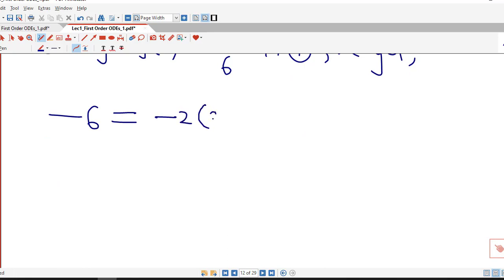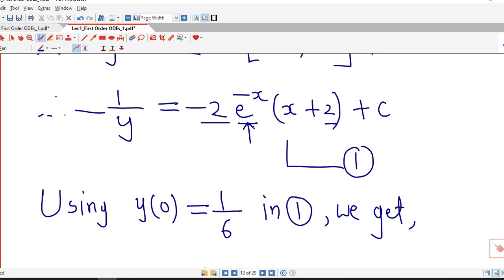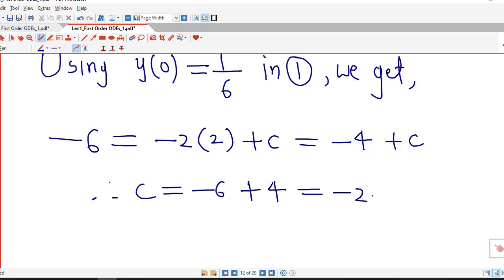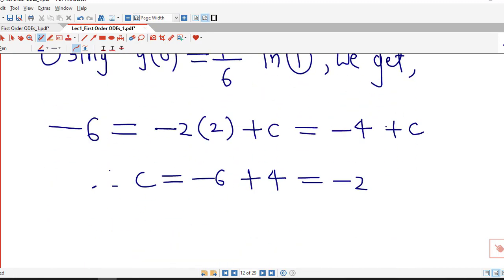Or we can write one more step: x is 0, so minus 2, e raised to 0 is 1, 0 plus 2 is 2, so it is minus 2 times the bracket 2 plus c, and this is nothing but minus 4 plus c. Therefore c equal to minus 6 plus 4, which is minus 2. So the value of the constant is minus 2, which we put in this general solution 1.